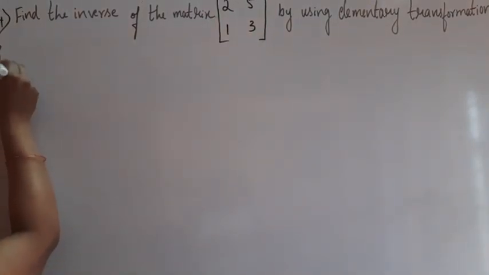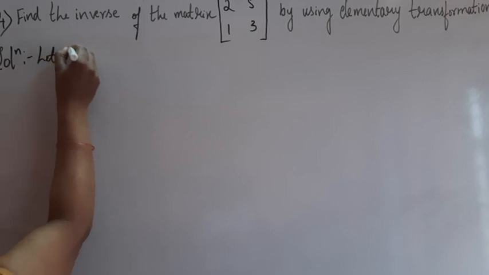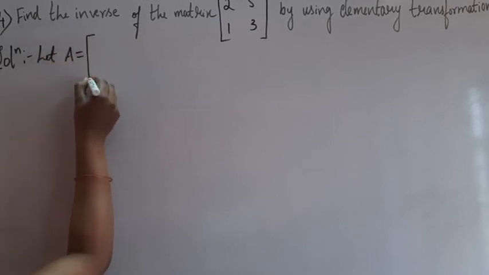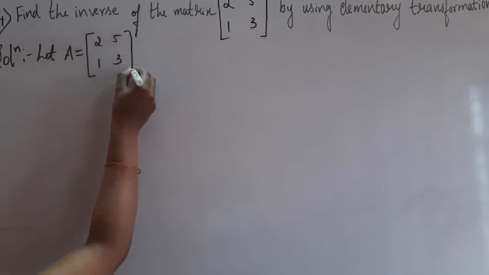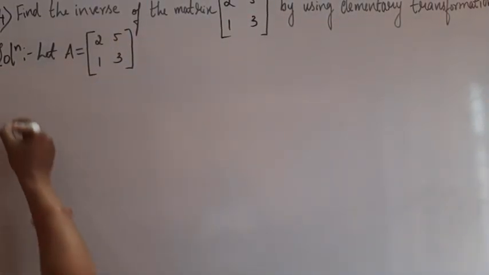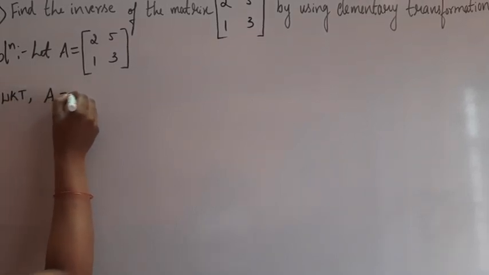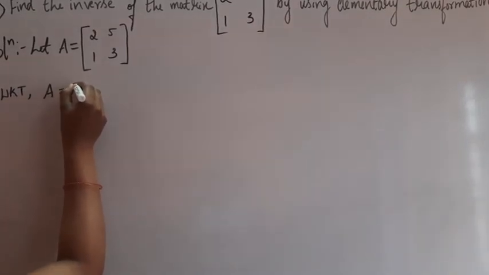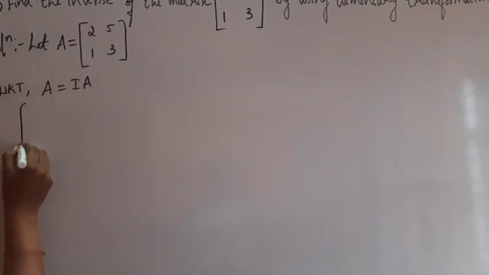So here, given the matrix, we have to find the inverse of that matrix by using elementary transformation. Let us take the given matrix as matrix A. Matrix A equals 2, 5, 1, 3. We know that A is equal to I into A, right? So here replace the matrix.